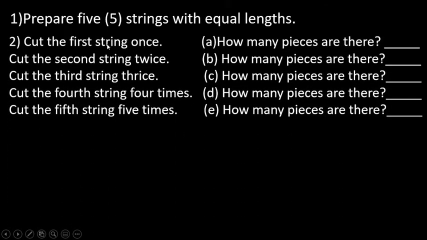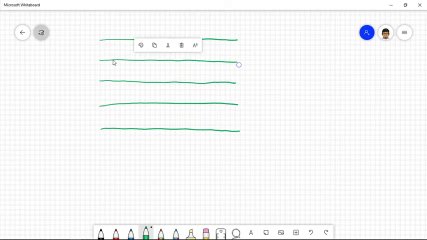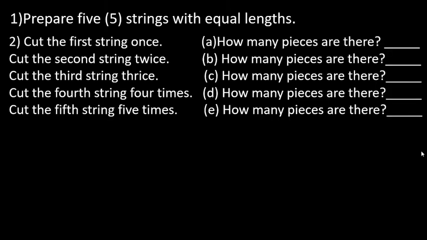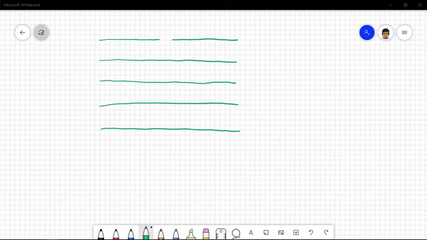Cut the first string once, sabi niya. So, we have to cut the first string once. If that is the first string, we have to cut the string down ng once. Isang beses lang. Okay. Cut na natin yung string. Next process. After cutting, how many pieces are there? So, if I cut the string once, ilang piraso ang meron na tayo?